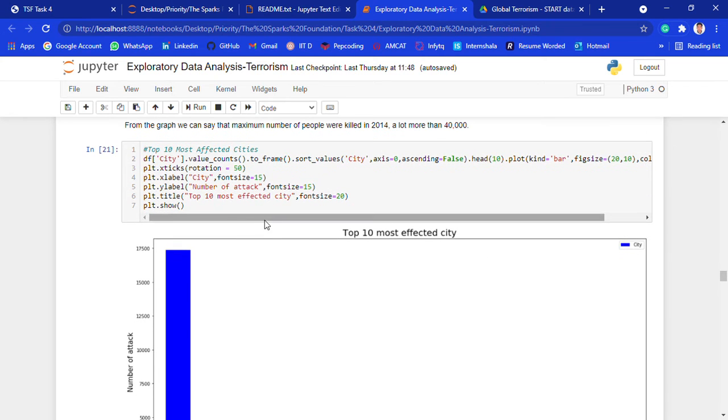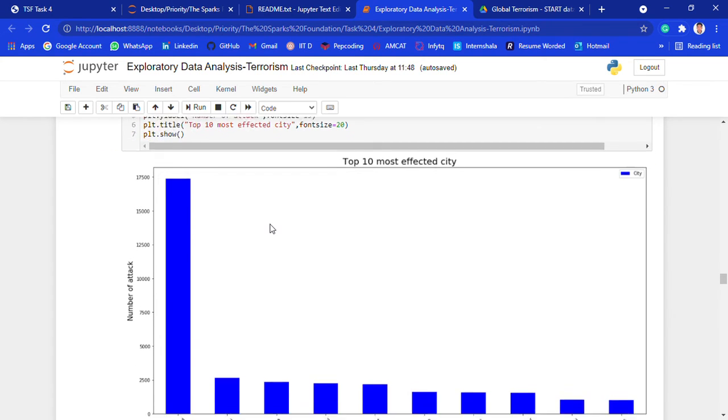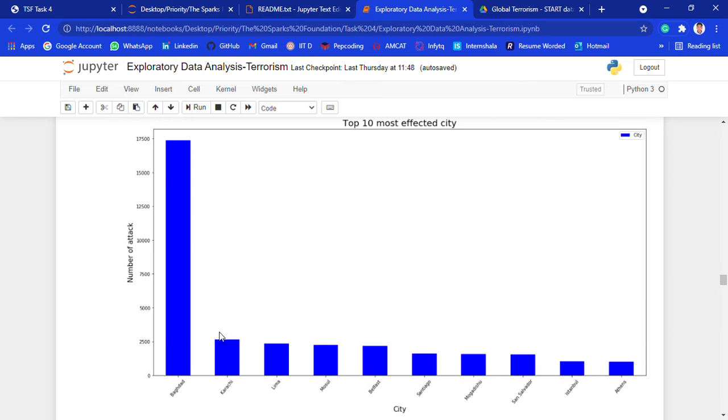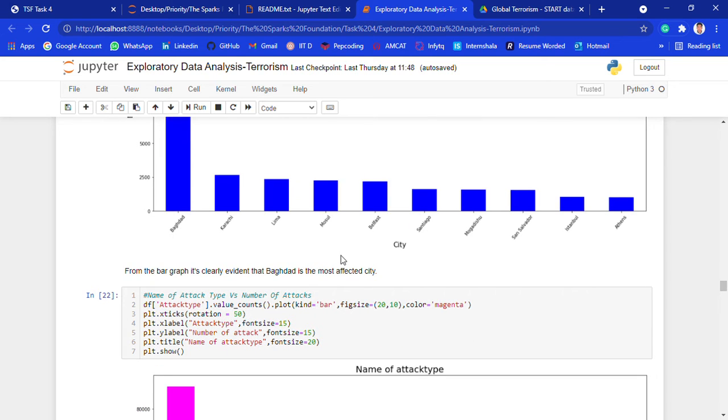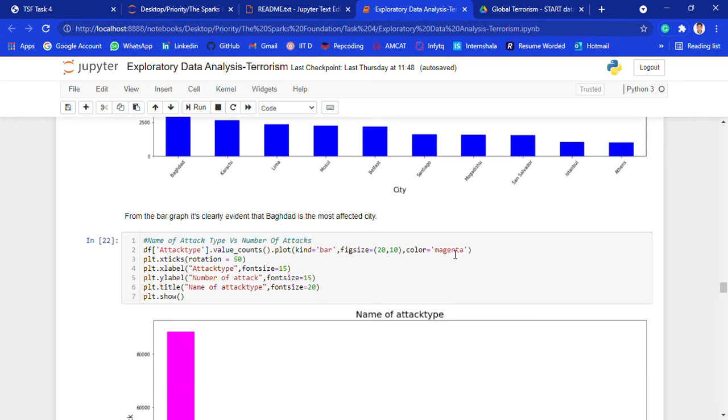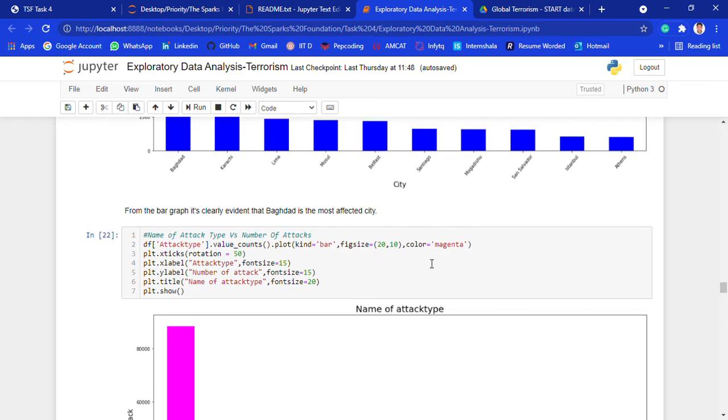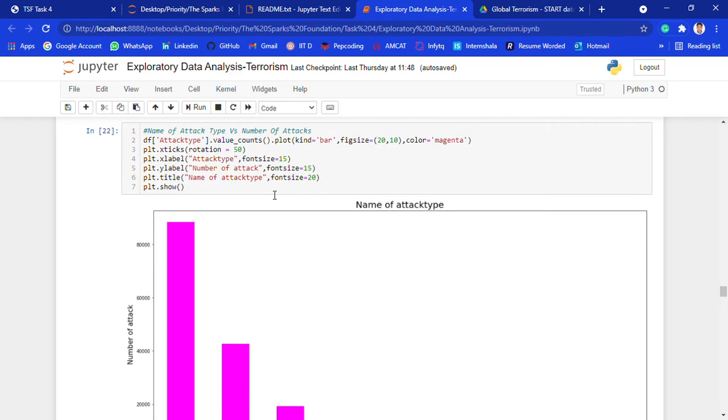The cities most affected by these terror activities are Baghdad, which is highly affected, and many others like Karachi, Lima, Mosul, Belfast, and Santiago. All these cities are hugely affected by terror activities.